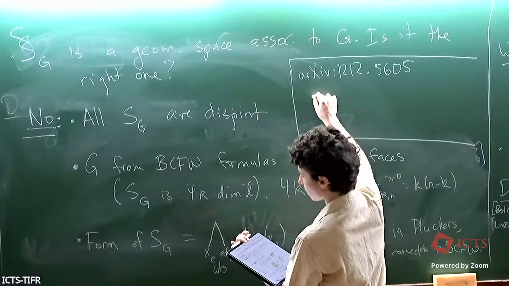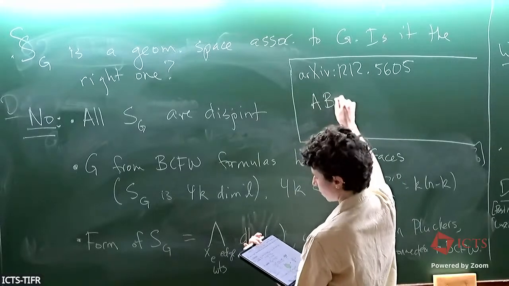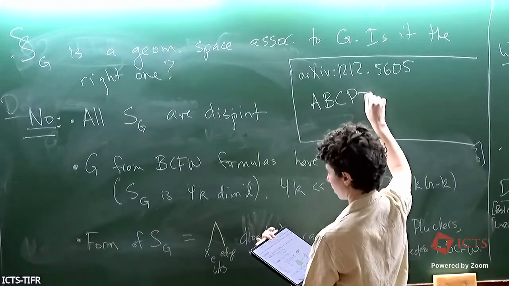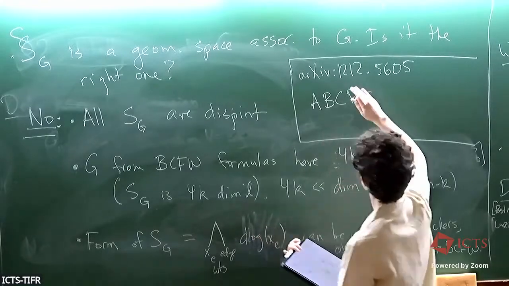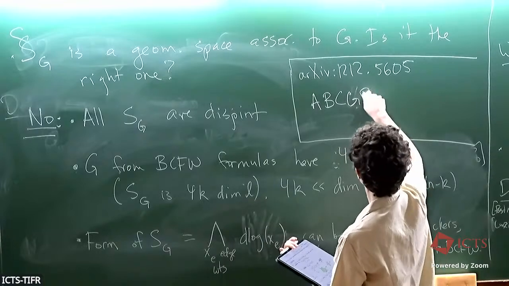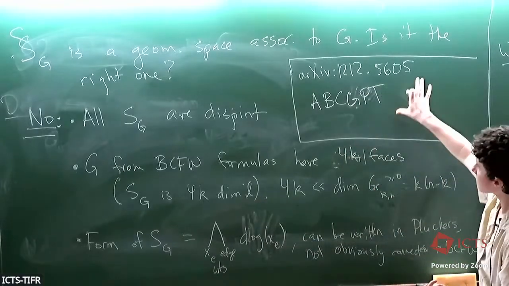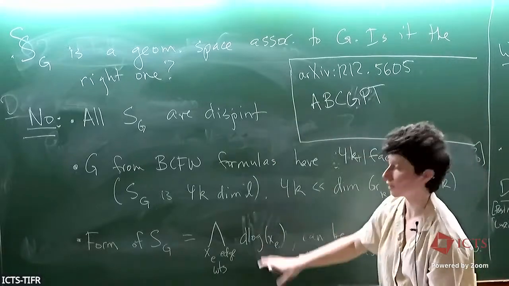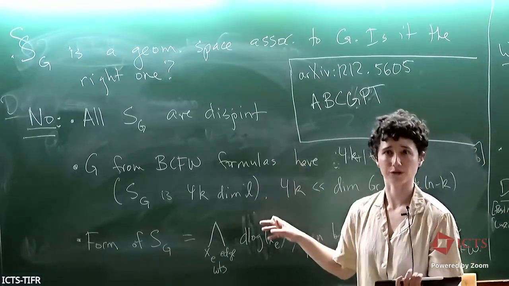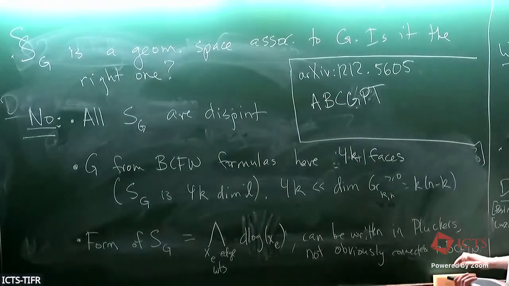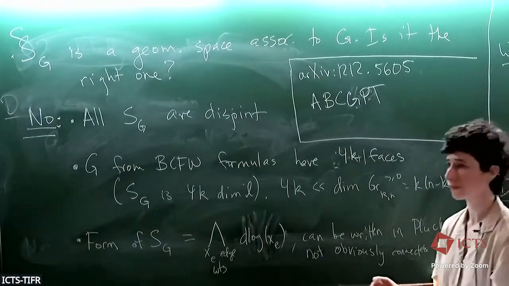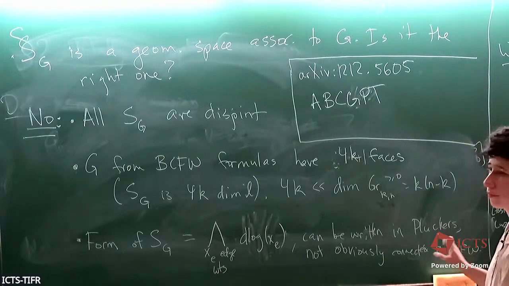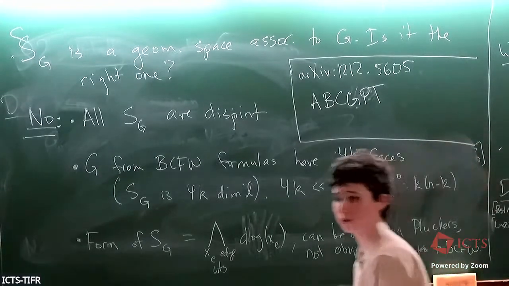The authors are Arkani-Hamed, Bourjaily, Cachazo, Goncharov, Postnikov, Trnka. This book paper talks a lot about the relationship between these concepts and on-shell diagrams and other parts of physics. They don't talk about relation to BCFW because it's not quite there yet. That said, I'm about to just define the amplituhedron and then I think I'll stop.